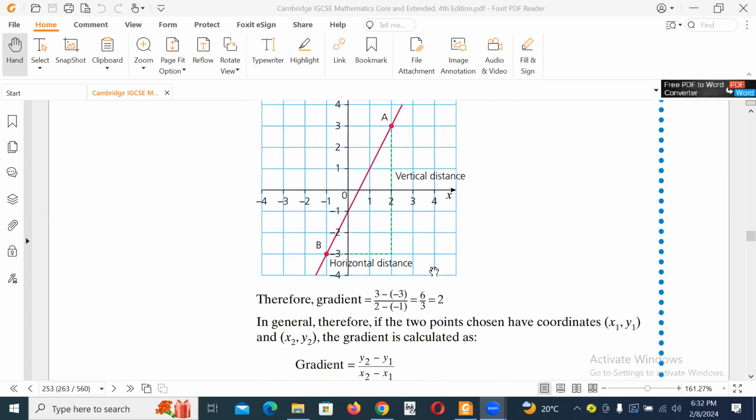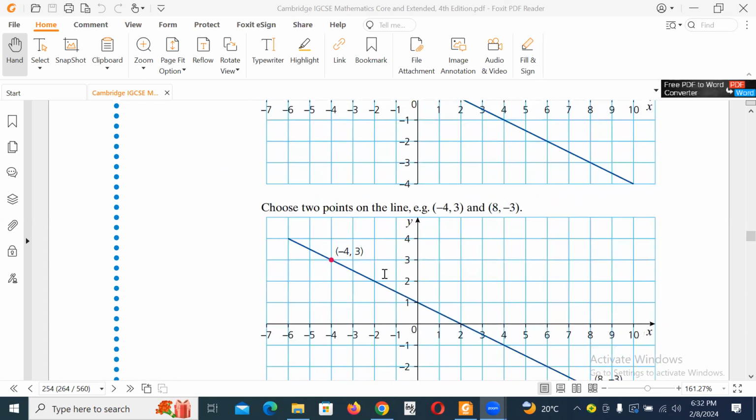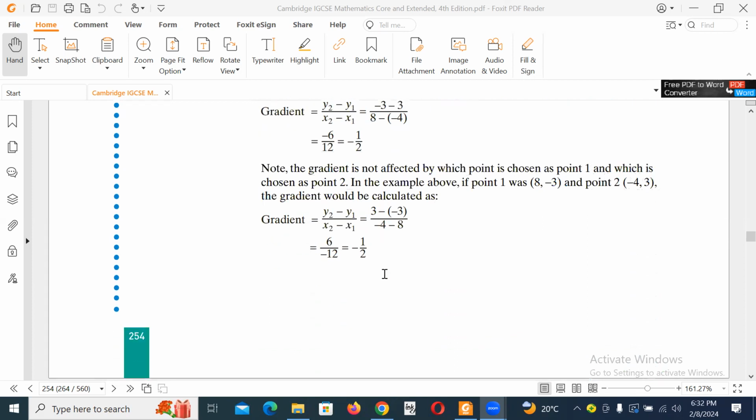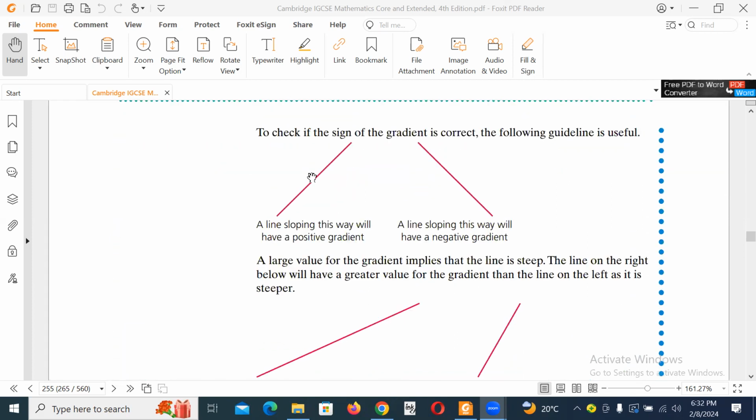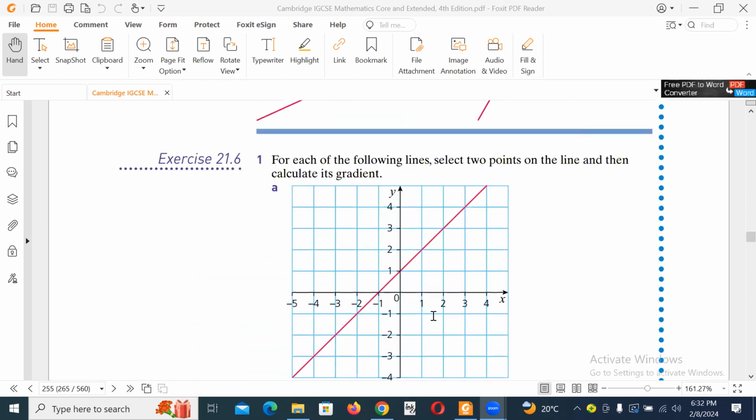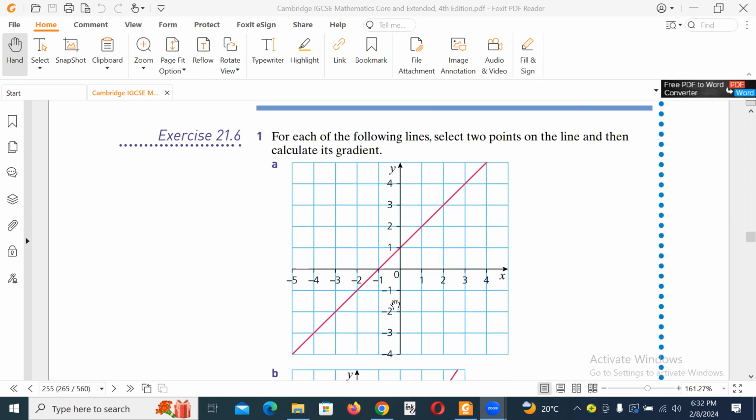So we straight away solve one question from the exercise: how to figure out the gradient, and when it is positive, when it is negative. Look, the line sloping this way will have a positive gradient, and when the line goes from left to right down, sloping this way will have a negative gradient. When it is steeper, that means the gradient is bigger or larger. Here we will see how to find the gradient.